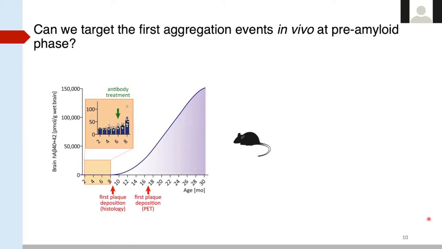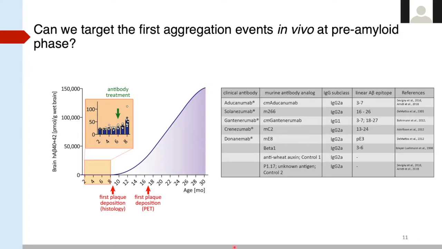The next problem to address was that the first in vivo formed A-beta assembly, which has pathological relevance, is biochemically uncharacterized. This basically means we don't know exactly what it is, which makes it hard to specifically target. To overcome this problem, we used a set of different antibodies shown in this table, which target different epitopes of A-beta.